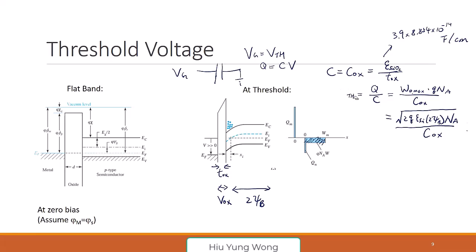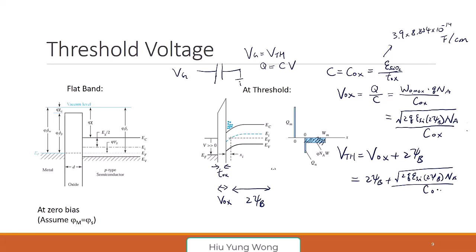This one is actually Vox. The threshold voltage is actually equal to Vox plus 2φB. So the threshold voltage is just equal to 2φB plus the square root of 2Q epsilon Si 2φB NA divided by Cox. So this is what you have learned before.